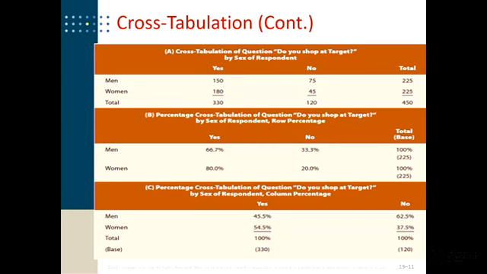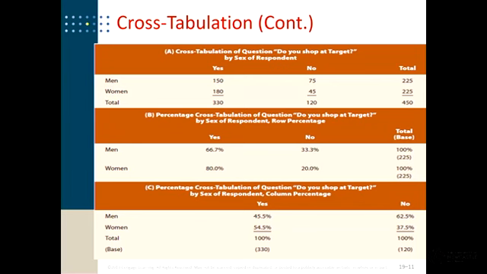There are two types of respondents, men and women, and two responses, yes or no. There are a total of 225 men, 150 of them said yes, and 75 of them said no. And there are also 225 women, 180 of them said yes, and 45 of them said no. So there are 450 respondents in total, 300 of them said yes, and 120 of them said no.